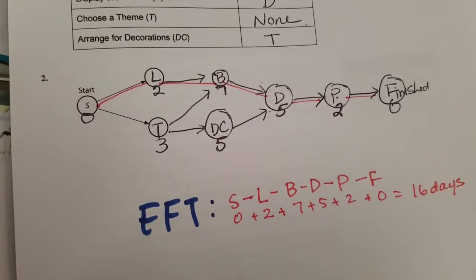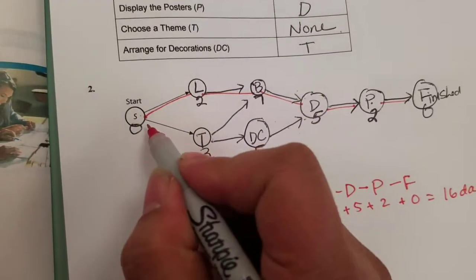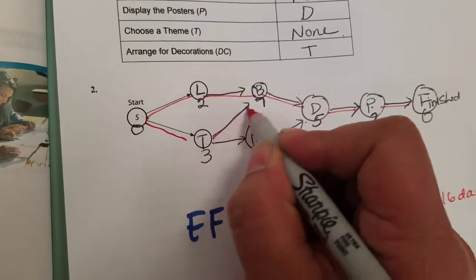And then, if we choose this path, you guys see the arrows?